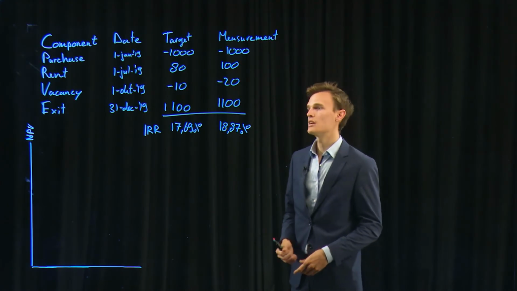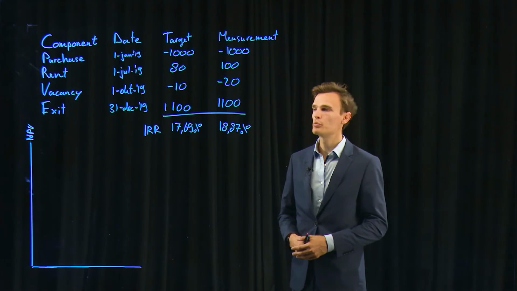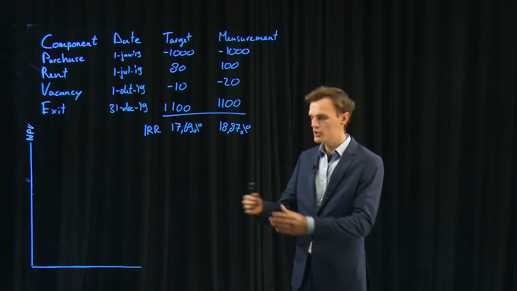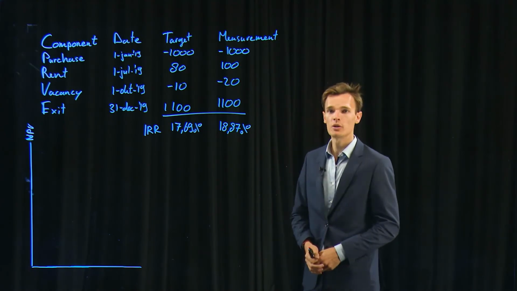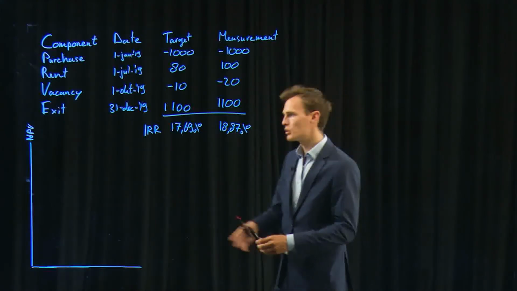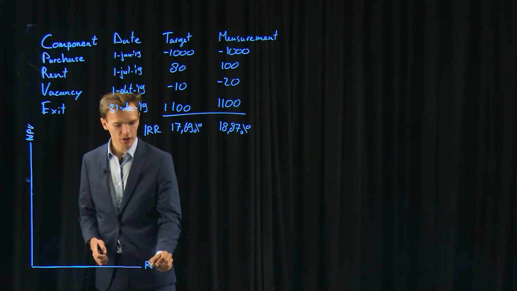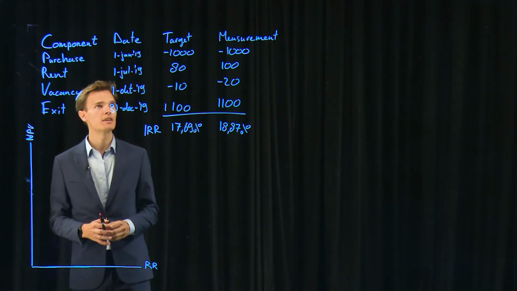And if we look at the internal rate of return, we see there is a slight difference. The measurement is outperforming the target portfolio. And we want to see now how this translates to this scenario with polynomials, and how the net present value actually changes. So what I will plot here is the net present value as a function of the rate of return again. In the first instance we look at the target portfolio.